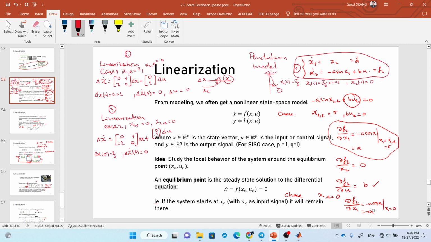So you use one constant for equilibrium 2, and that constant should go into the initial condition, right?